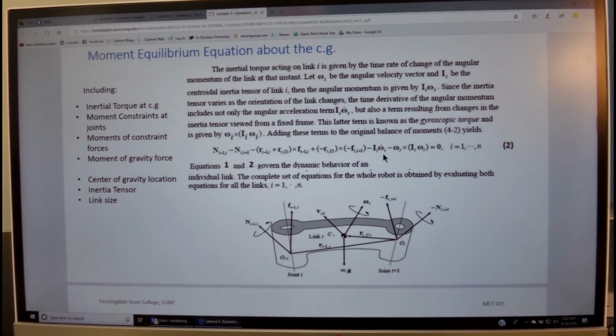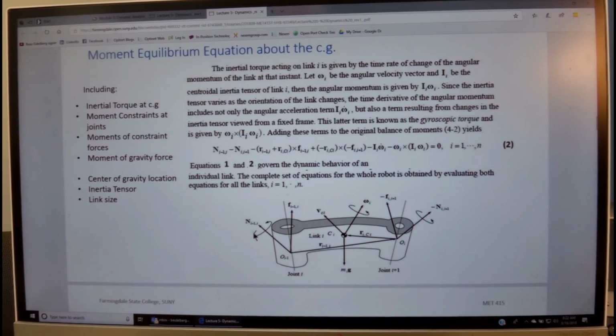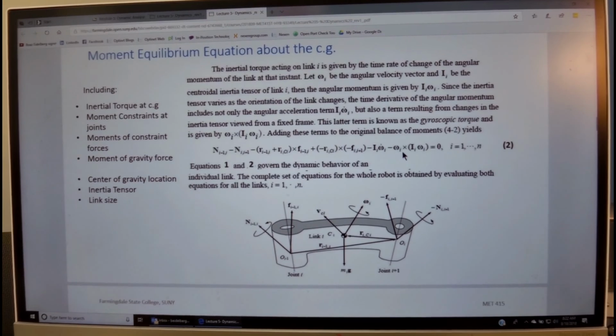Then what we have is the inertial torque, which is I times omega dot. This is the angular acceleration, the absolute angular acceleration of this body. And now, because of the change of the moment of inertia when we rotate this body with respect to the inertial frame, we have to add in a derivative of the angular momentum, the element omega cross the angular momentum.